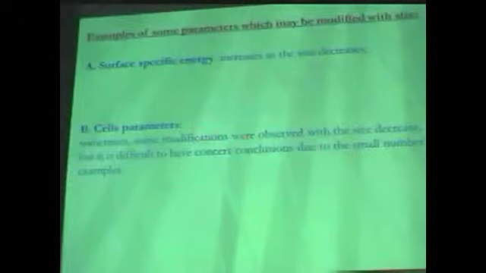Sometimes some modifications were observed with the size decrease, but it is really difficult to draw concrete conclusions due to the small number of examples, because it's very difficult to determine the cell parameters in the structure of nanoparticles.